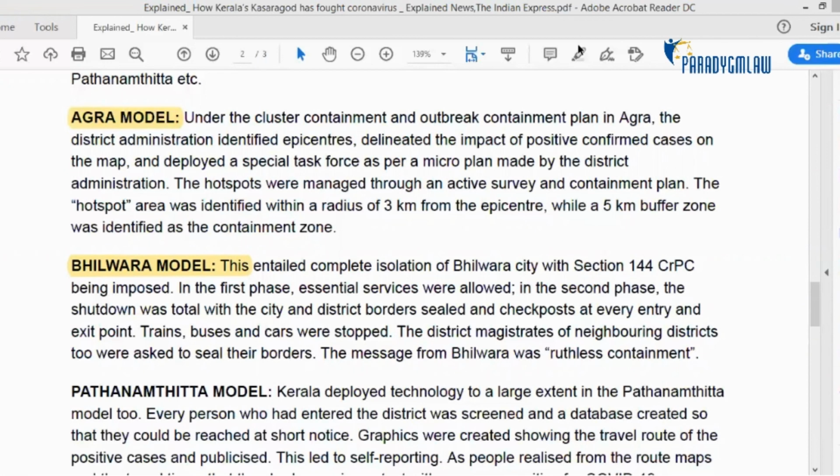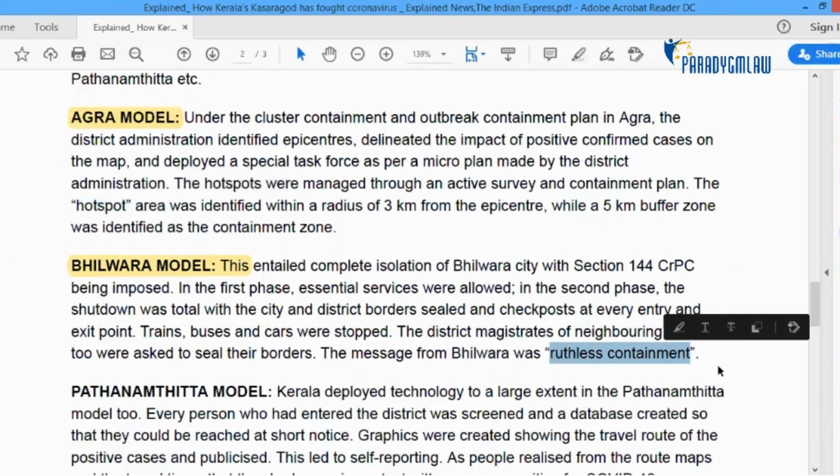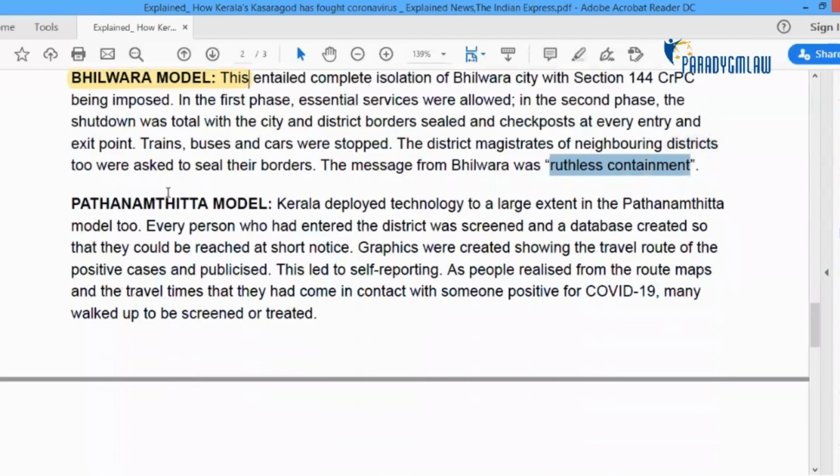So your takeaway here will be the hotspots from the Agra model and the ruthless containment from the Bhilwara model. And the Pathanamthitta model is the Kerala model.